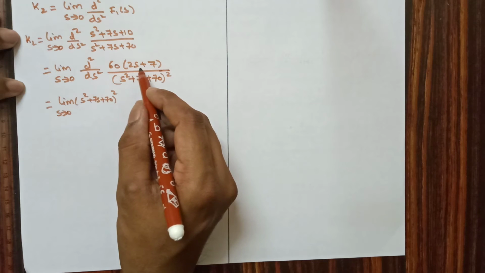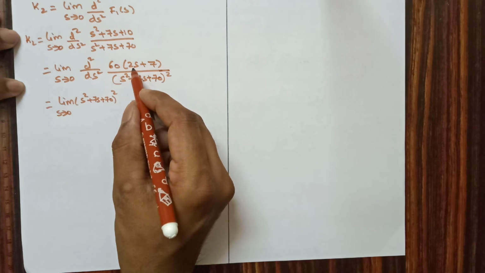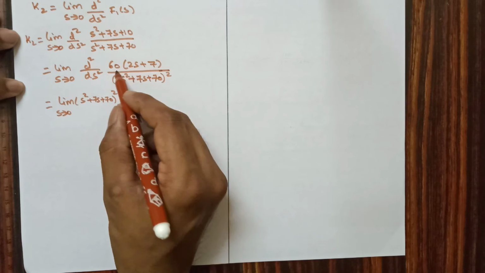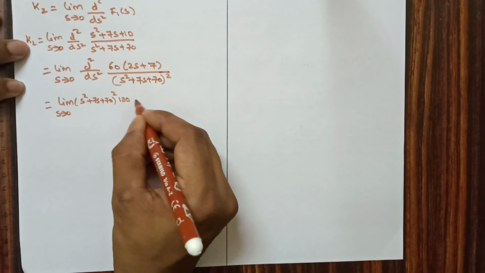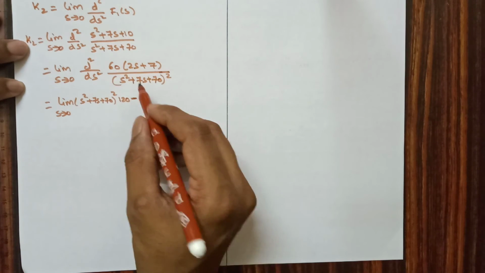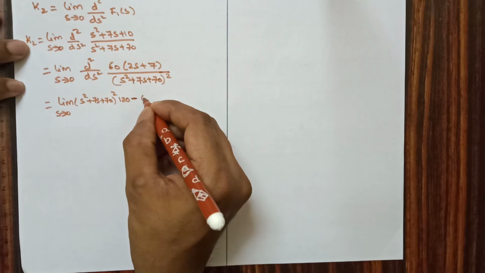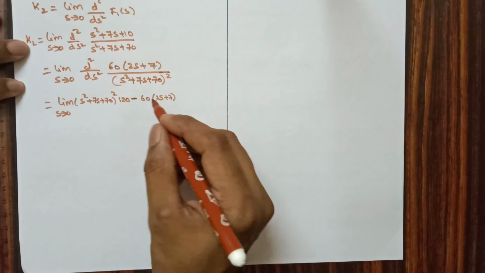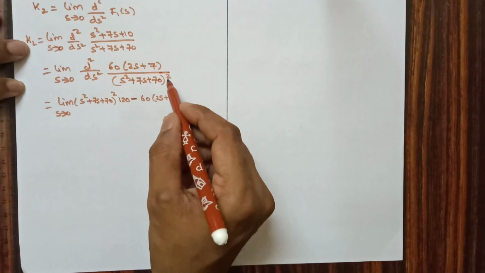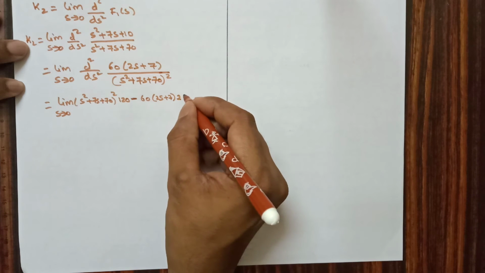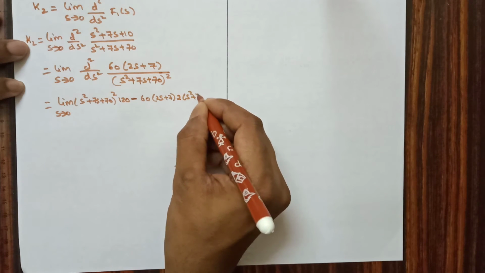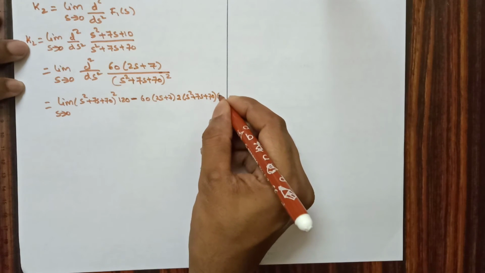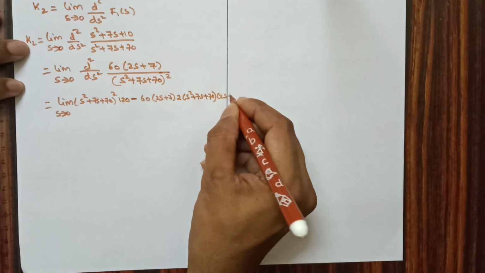Differentiating u we get here 60 into 2, that means differentiating 2s plus 7 becomes 2. From this I will get 2 into 60, 120, minus, now keeping numerator 60 into 2s plus 7, and differentiating this v term we get 2 into s square plus 7s plus 70 into 2s plus 7.